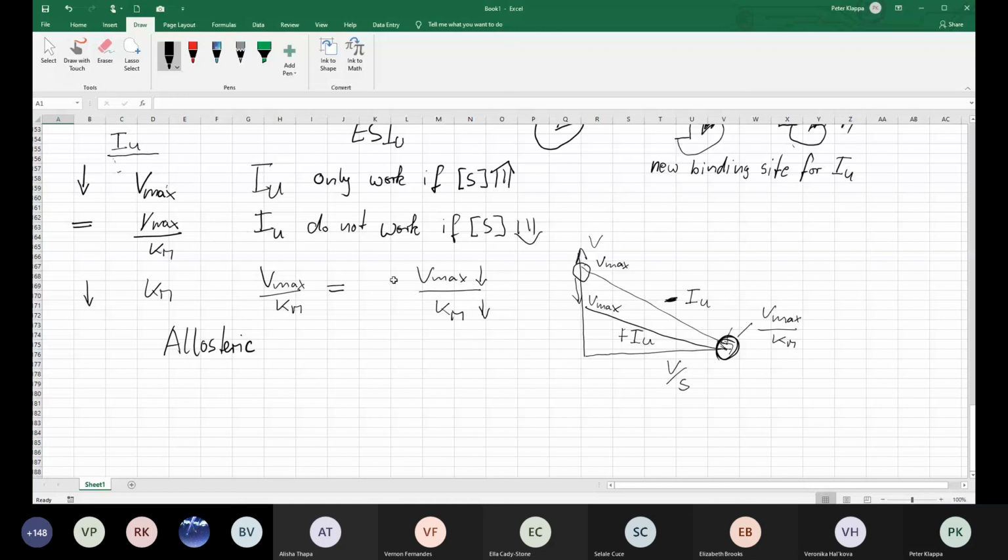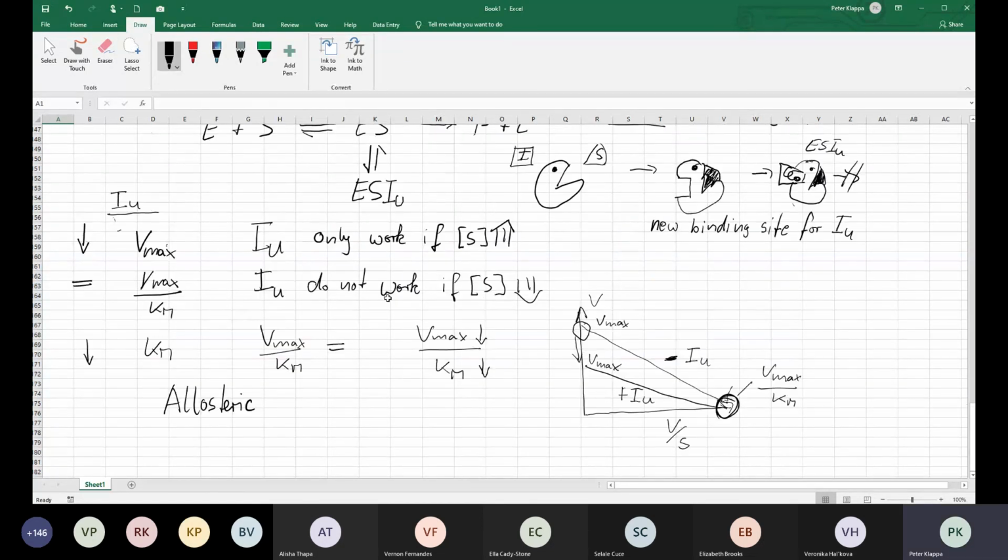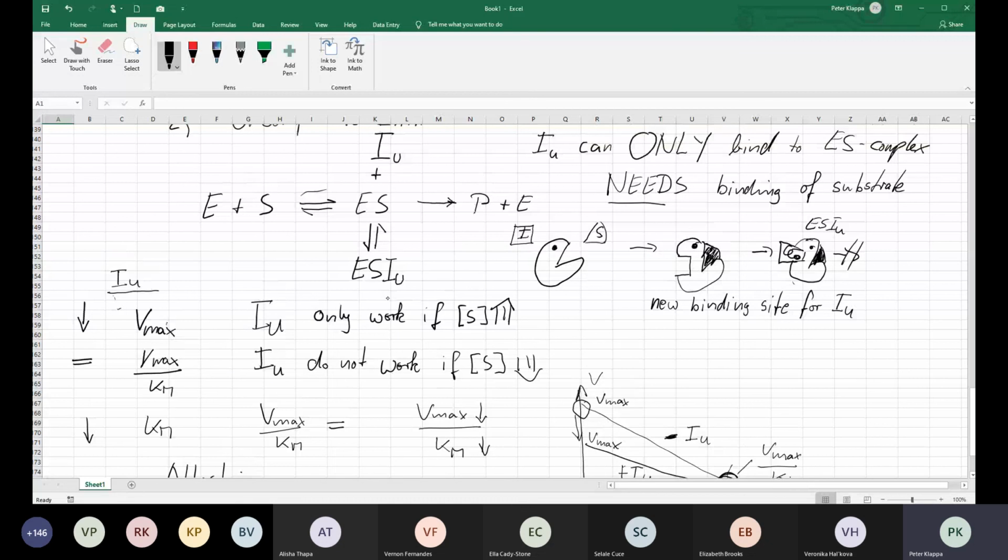I'm not going to tell you what you will find. But no, it is not binding to the substrate. Look at this diagram here. The substrate is here in the active site.